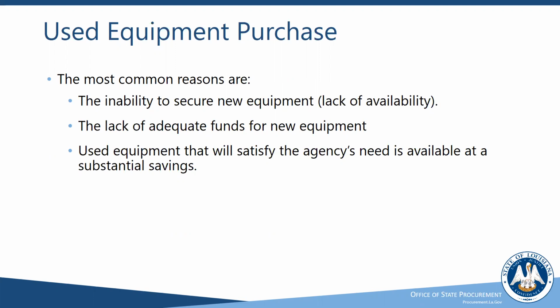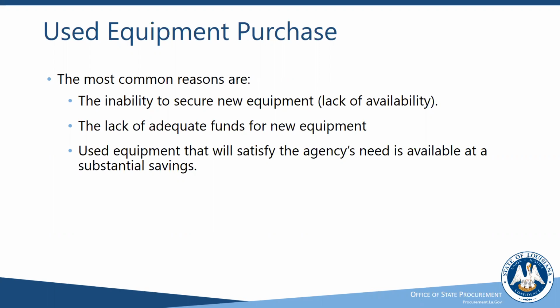The most common reasons, the first bullet, is the inability to secure new equipment, so lack of availability. This is particularly relevant in the current world market situation where vehicles and other heavy equipment are experiencing extremely long lead times, and manufacturers have production timelines that are right now extending out a year or more.